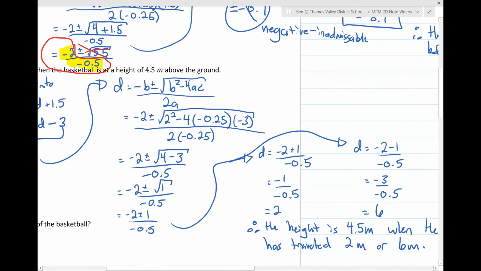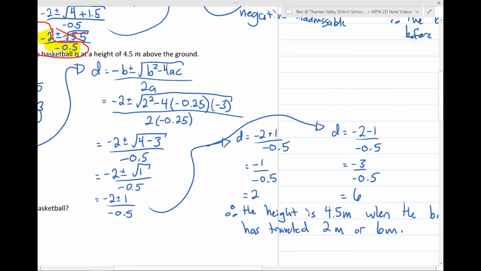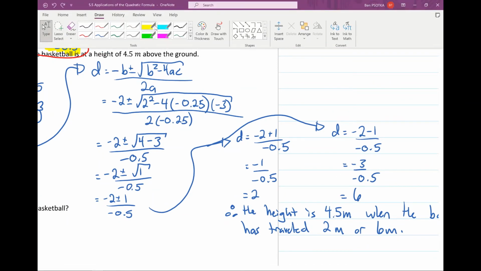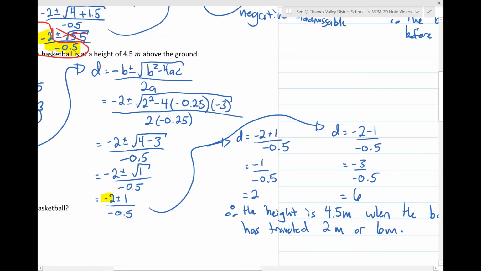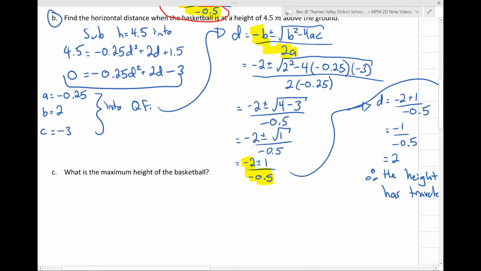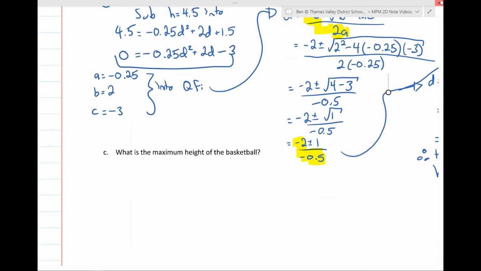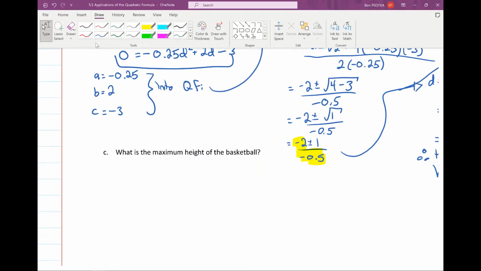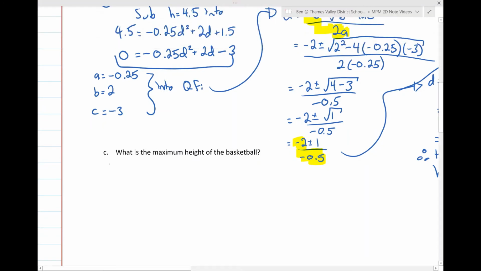I recognize that that's the same thing that I was working with in the second part of this problem as well, right? Negative b over 2a, that's where it comes from. That is our axis of symmetry. So we can use that right here to find the axis of symmetry.